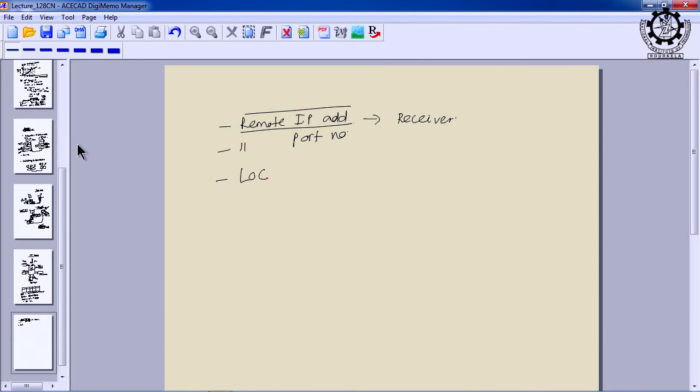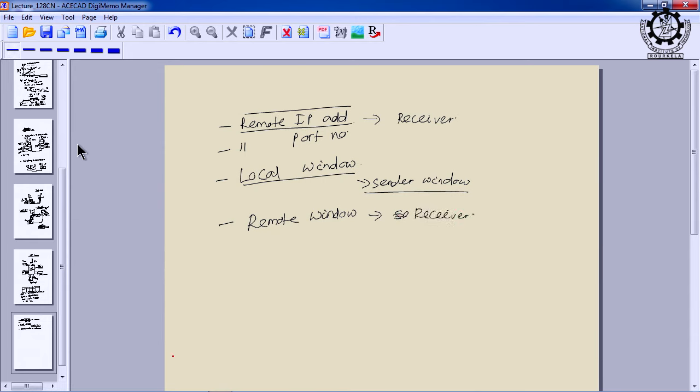And what is the local window size? This holds the information about the sender window. Then another is the remote window information. This says about the receiver window. Then another is the sending sequence number.